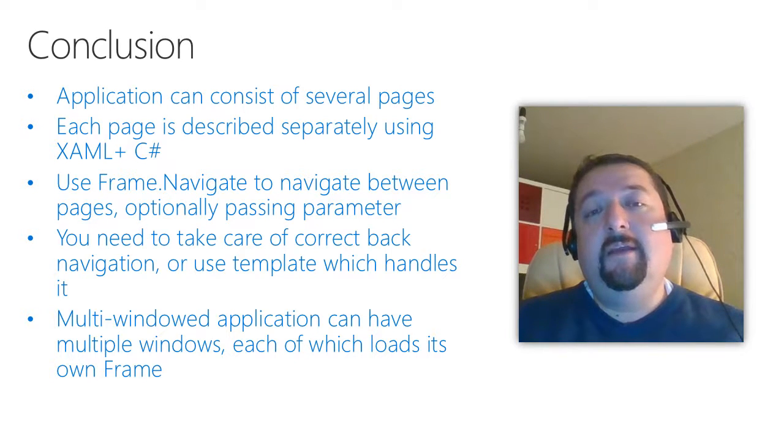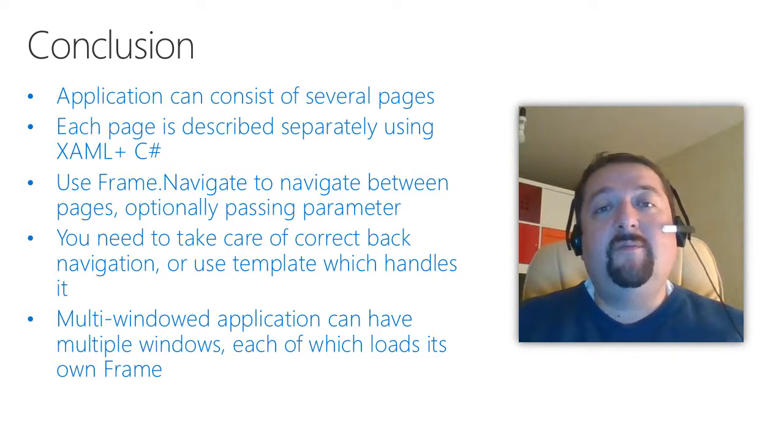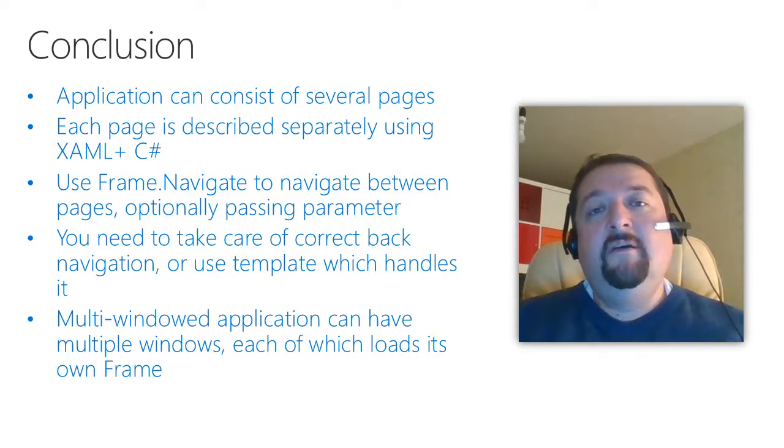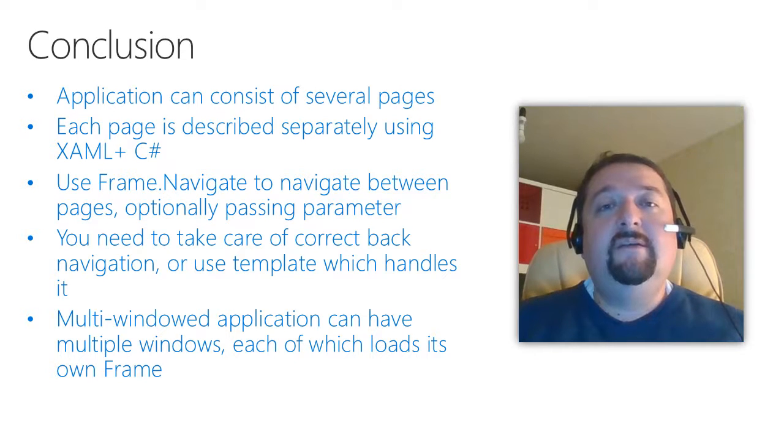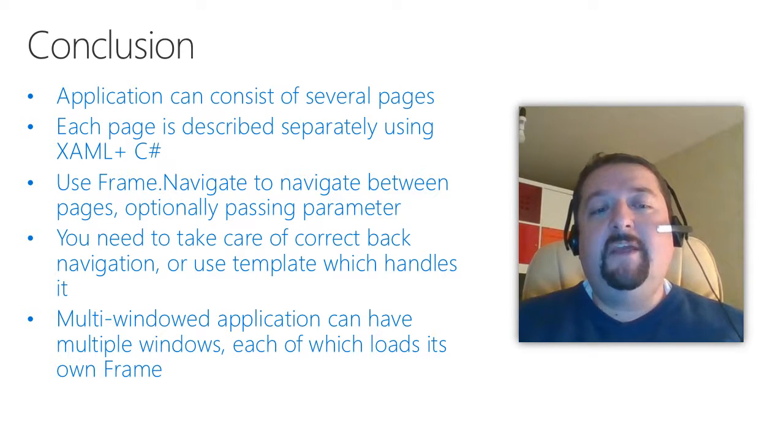You can either take care of it yourself by creating corresponding buttons on the page, or you can use specific code snippets which we have seen to use automatic stack-based frame navigation. And also, of course, you can have multi-windowed applications with multiple windows, but make sure they work correctly on different device types.